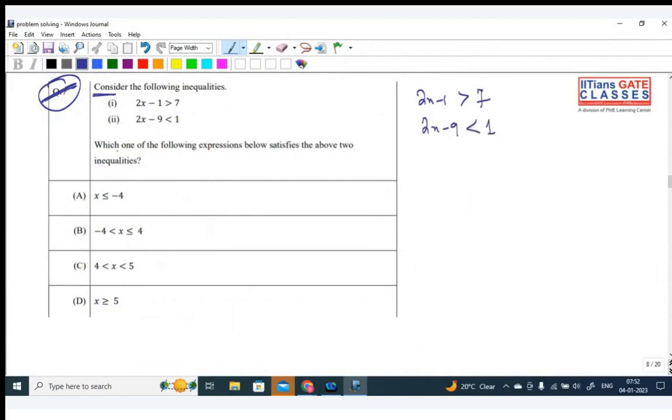Which of the following expressions satisfies the above two inequalities? They have given greater than or equal to. I think anyone can answer this by looking at the options.